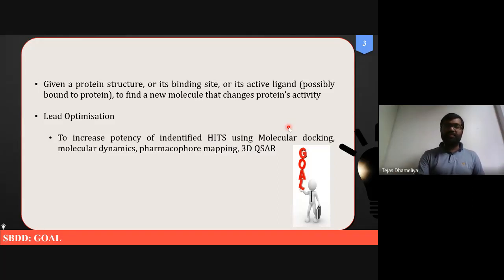Molecular dynamics is a technique which is a sub part of molecular docking. Using certain software, some freely available on the internet and some paid versions, we can develop the molecular dynamics of particular proteins.